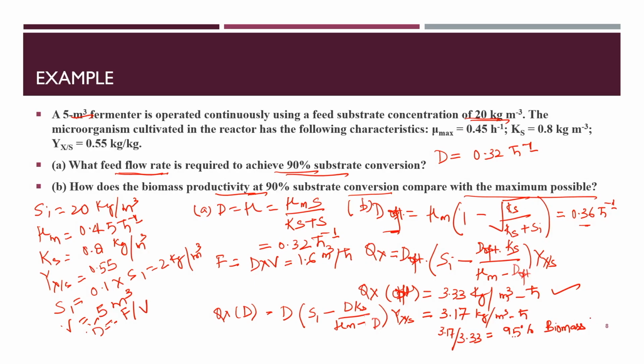So, earlier biomass productivity was 3.17, which equals 95% of the Qx optimum value. In this way we should be able to proceed with giving examples in batch, fed batch and continuous culture.